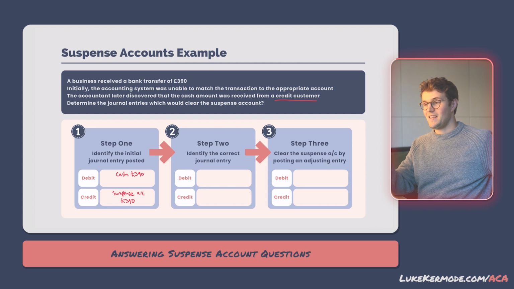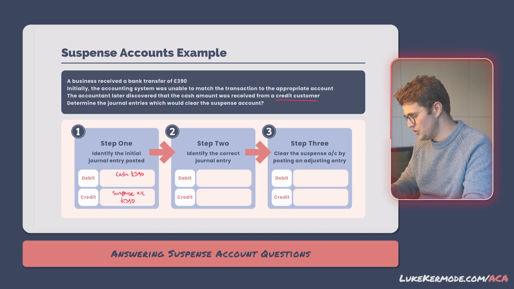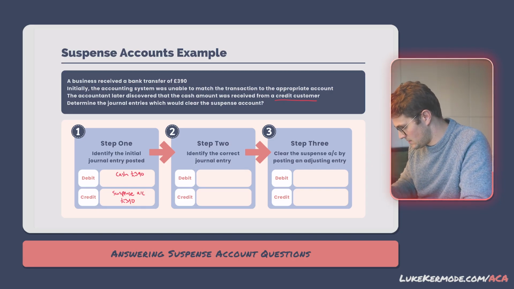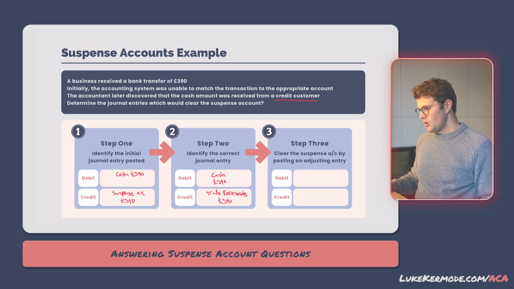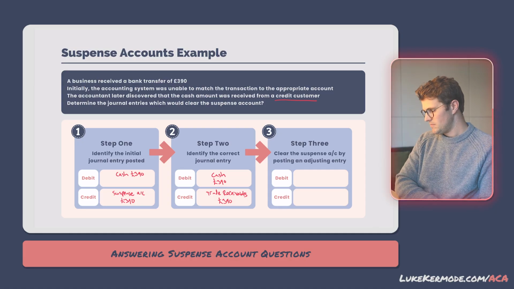And after investigating, the accountant realises that the money came from a credit customer, settling the outstanding invoice, which means the transaction should have been recorded as debit cash £390 and credit trade receivables £390.